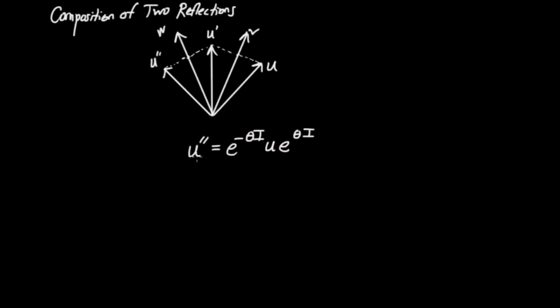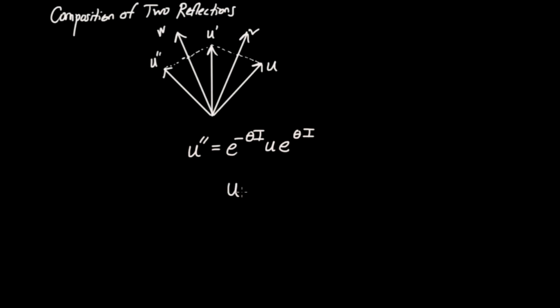So what I have is that the output vector U double prime is equal to U multiplied on the left by e to the minus theta I, and then on the right by e to the plus theta I. And the last manipulation I'm going to do is take note that U and this bivector I are on the same plane. So I'm going to do what I was talking about in the beginning of the video. I'm going to switch the order of these two. But remember what I have to do. I'm going to have to stick another minus sign up there in the argument.